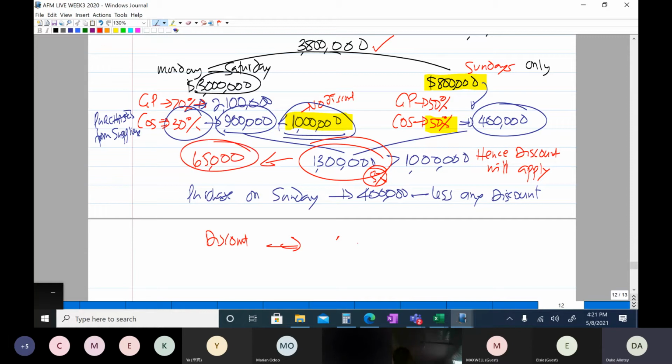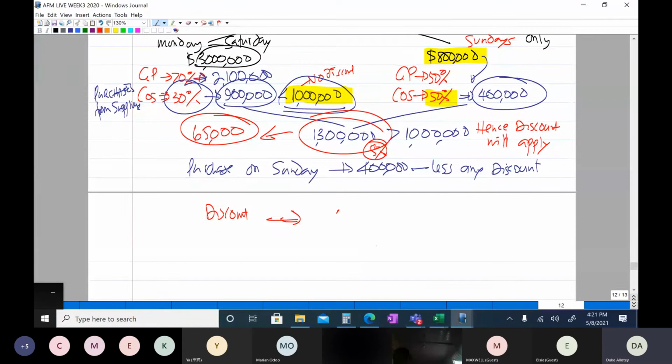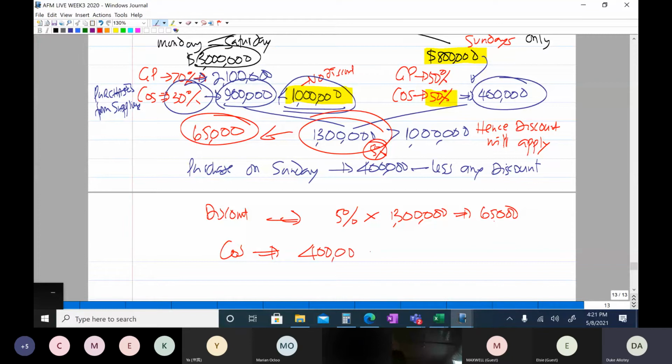The discount will be 5% of 1.3 million, which is our total cost of sales, and that gives us 65,000.